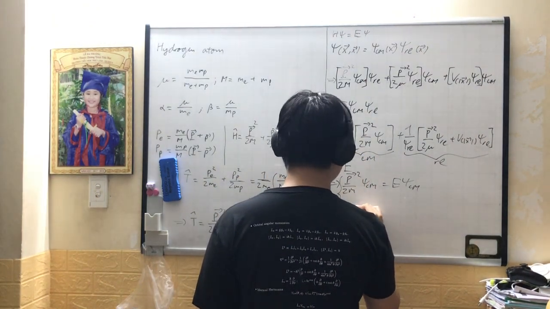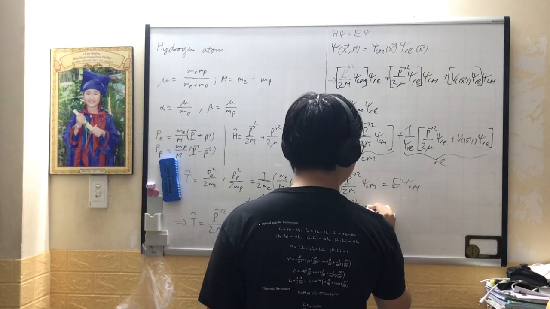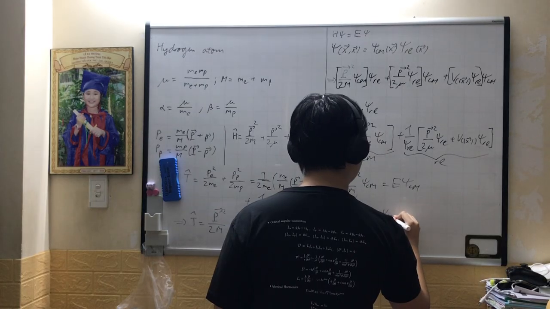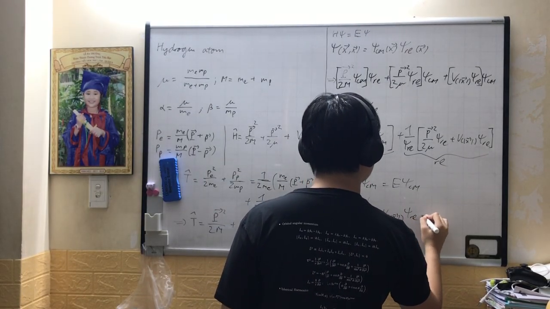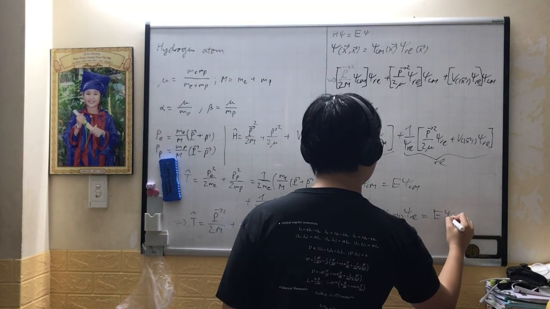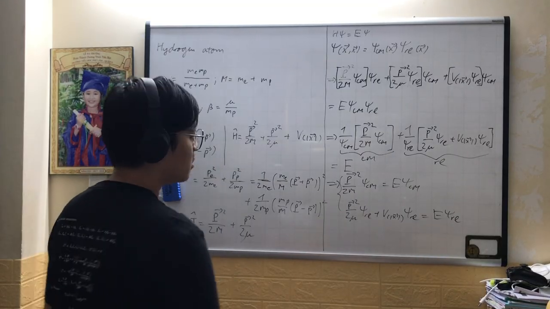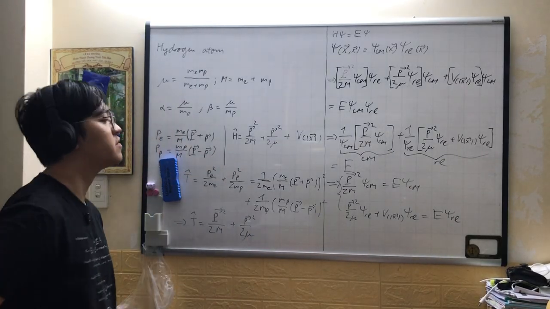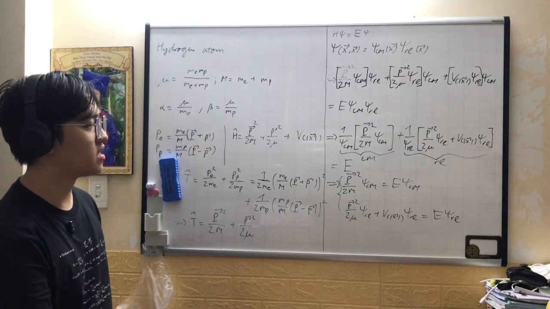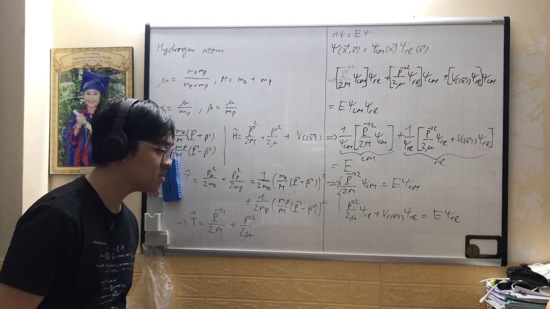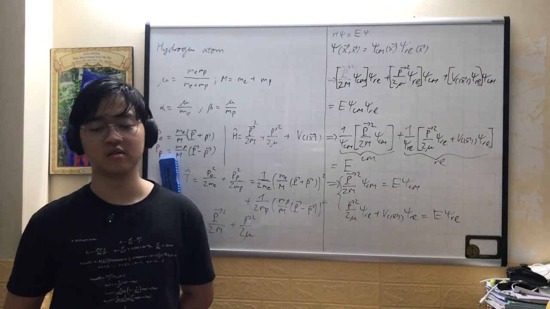And next one is P squared over 2 mu psi RL plus V of absolute X psi RL equals E psi RL. Okay, so that is it. Now we've got a grasp of how the energy would distribute here with the center of mass chunk and the relative chunk. Right, so that would be it for today, and goodbye.